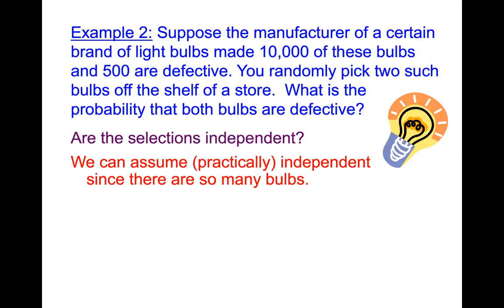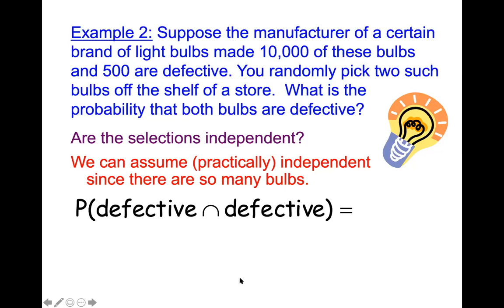So when you have a big population like this, we can assume that it's practically independent since there are so many bulbs. So the probability of defective and defective is just going to be 500 over 10,000, which is 0.05 times 0.05 again. And then we get an answer of 0.0025.